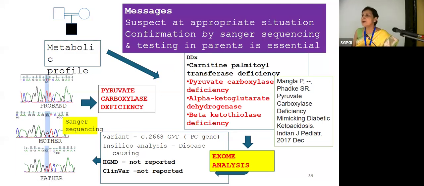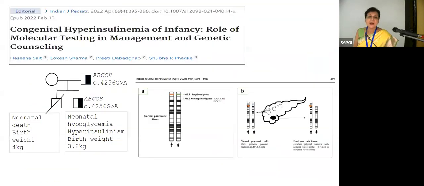It can really give you a cure, or sometimes you know that this is a very serious disorder and parents can be given prognosis that nothing much can be done. So rarely something is not so easy. Here the father has a mutation, but is absolutely normal. The child had neonatal hypoglycemia and hyperinsulinemia.